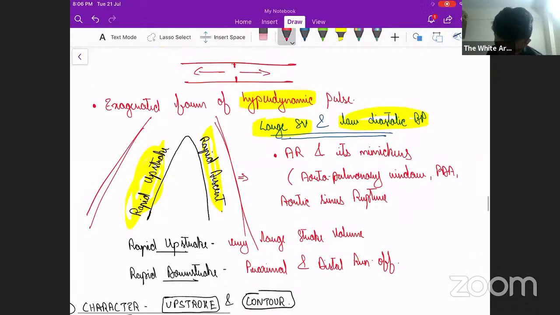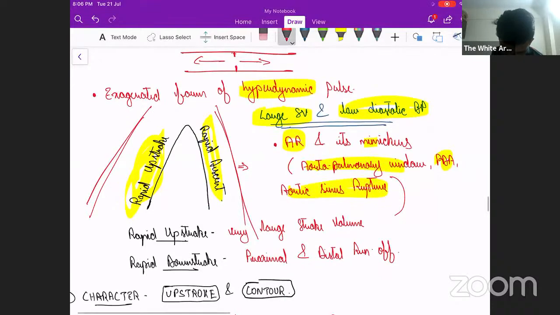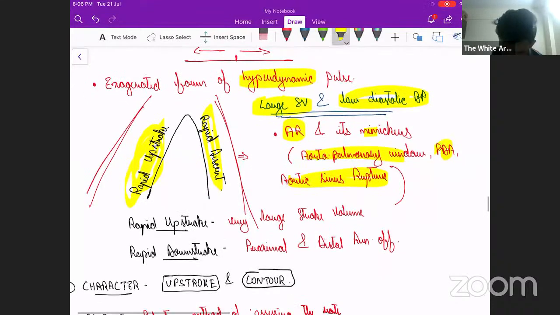This happens in case of aortic regurgitation and its mimics, like if there is an aortopulmonary window, or PDA, or aortic sinus rupture. In all these conditions, you can expect this. The rapid upstroke is because of very large stroke volume, and the rapid downstroke is because of proximal and distal runoff of the blood.